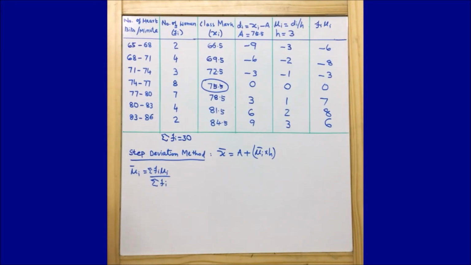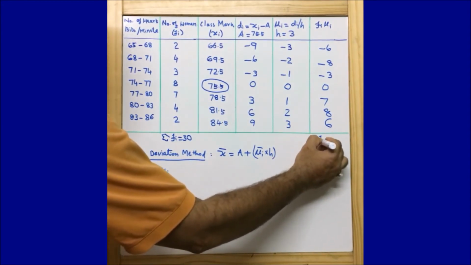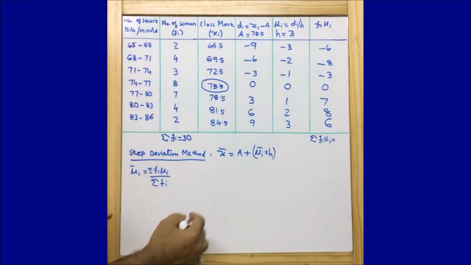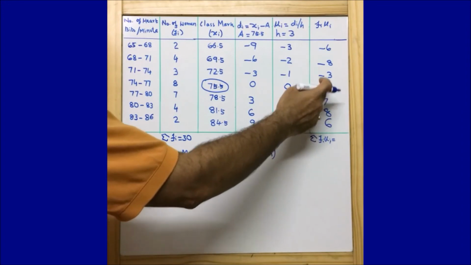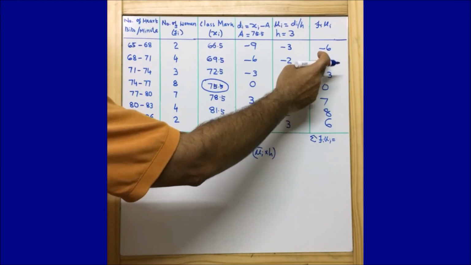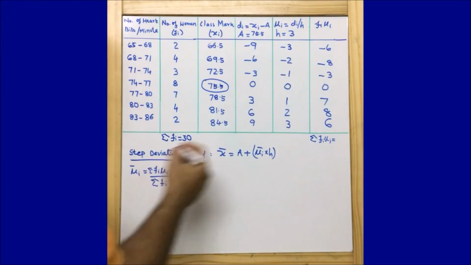Now let us do the summation of fi ui. 8 plus 6 is 14, 14 plus 7 is 21, 21 minus 3 is 18, 18 minus 8 is 10, 10 minus 6 is 4.